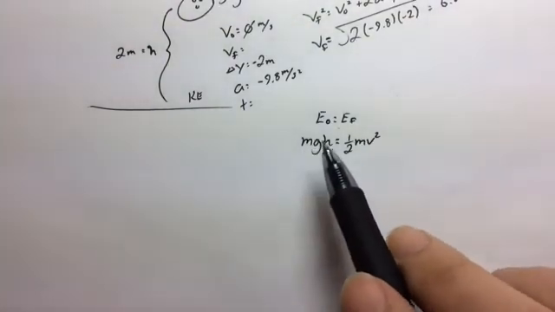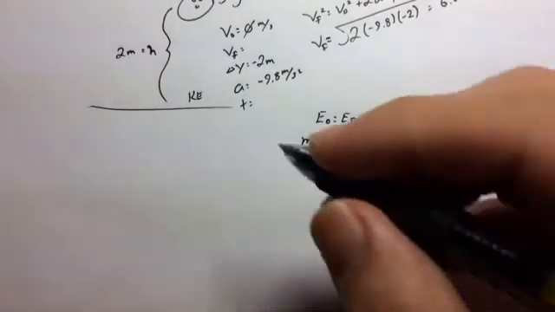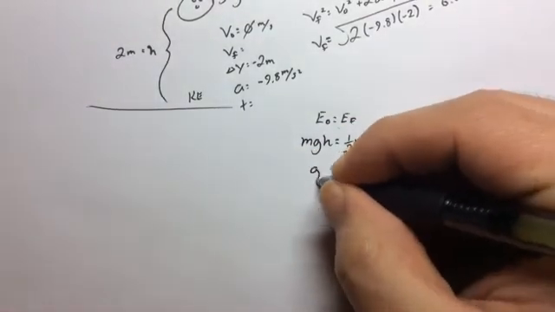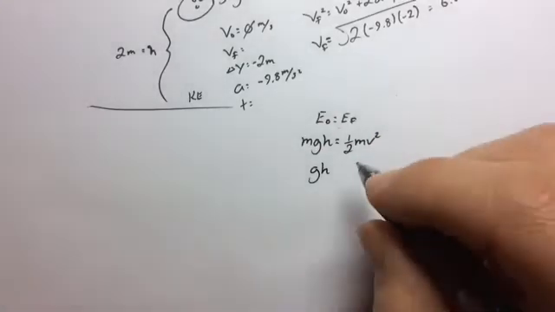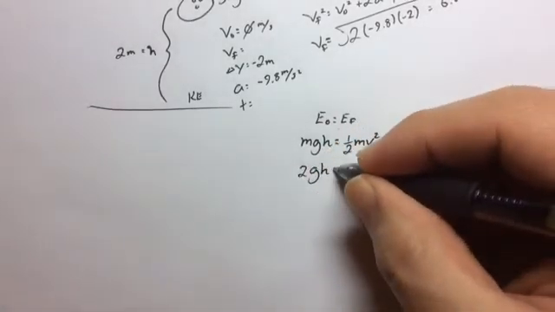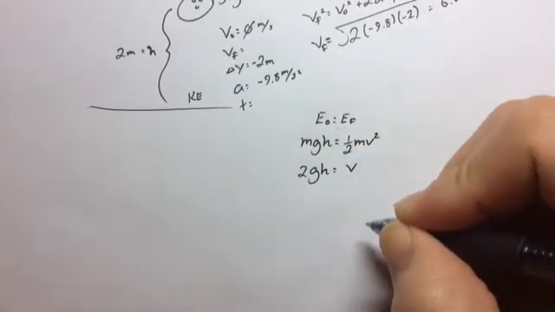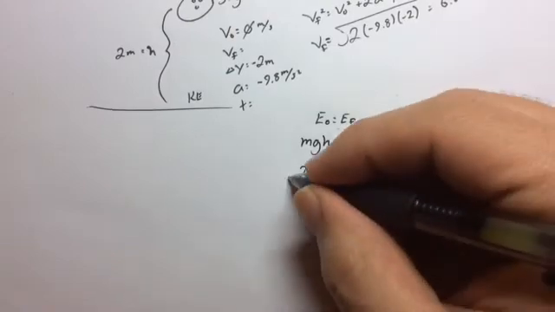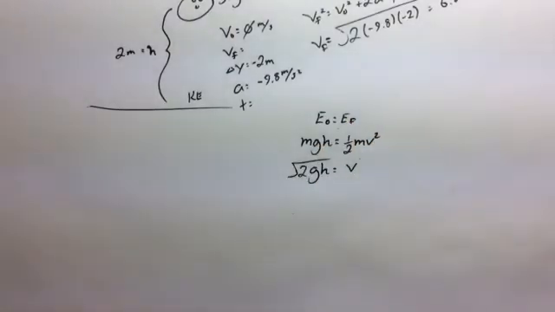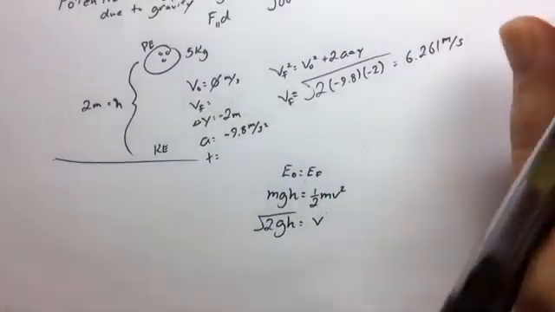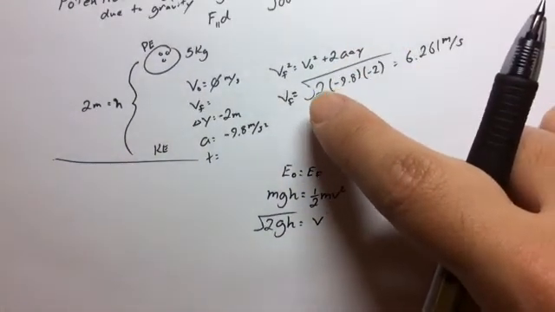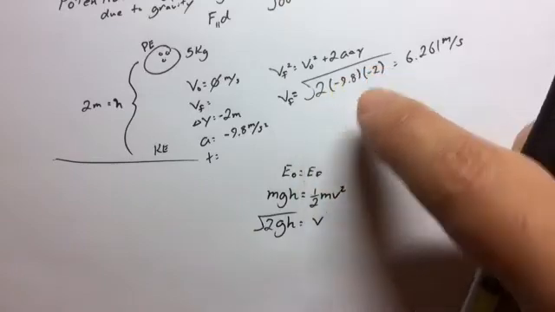And if you notice, m's cancel out. They're on both sides. And so I have g, I have h. I want that v, so I'm going to move the half over. And that v is with a square on it, so to get rid of that, I'm going to square root it. And I get square root of 2gh. Well, that's kind of weird because that was the square root of 2gh, wasn't it?